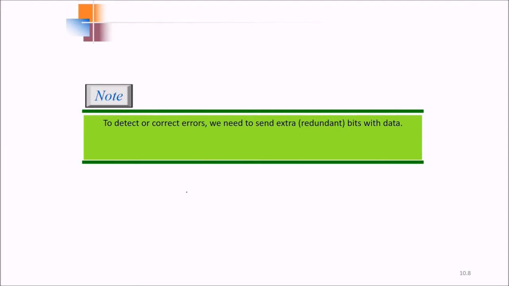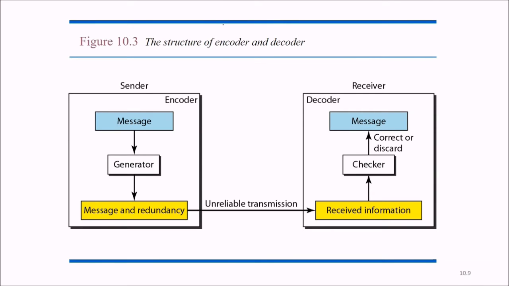To detect or correct errors, what are we going to do? We may need to send certain extra bits with the data. So if this is the data, we will add a few more bits. These are added bits. We also call them extra or redundant bits, added to detect or correct the errors. This is the structure of the encoder and decoder. When the sender sends, the message is generated.